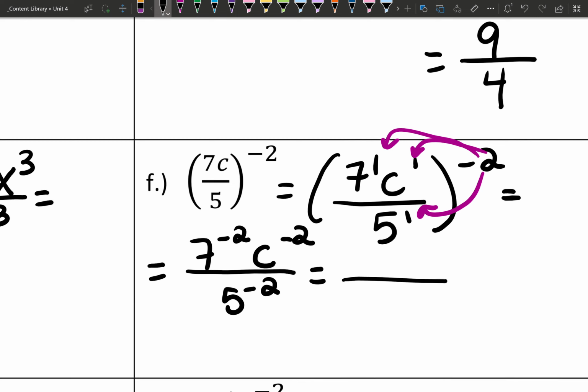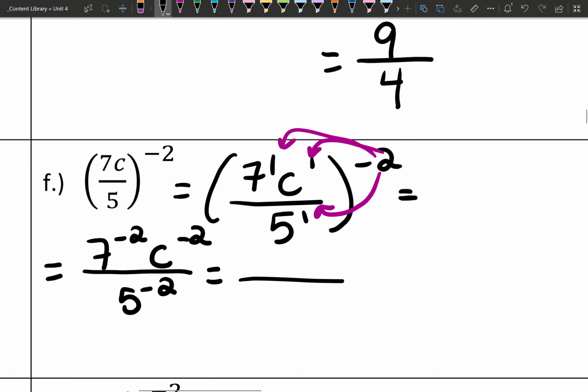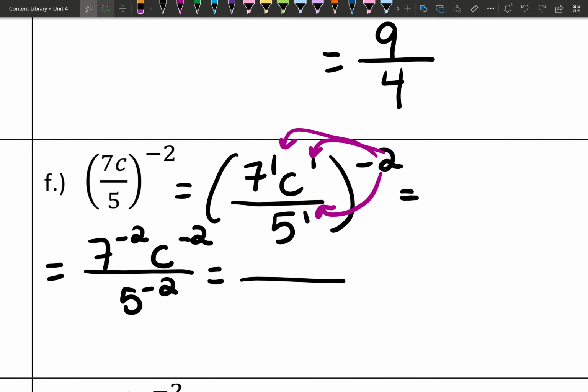I do have negative exponents, so I am going to have to rewrite this. I'm going to move this a little lower. Okay. 7 to the -2 becomes 7 to the +2 on the bottom.